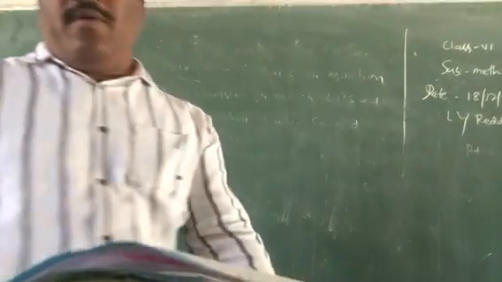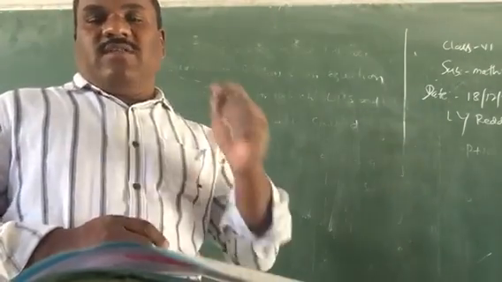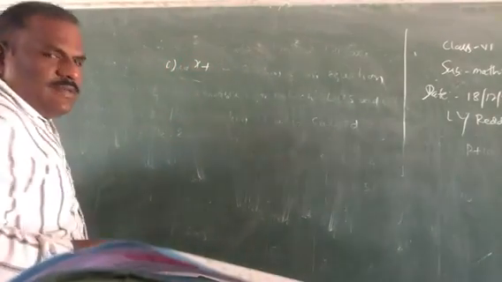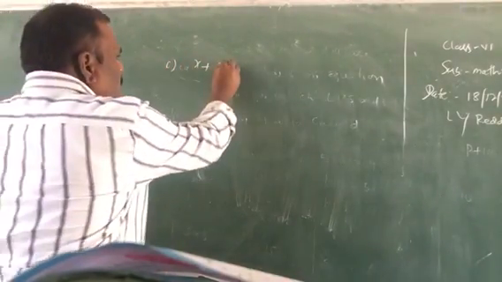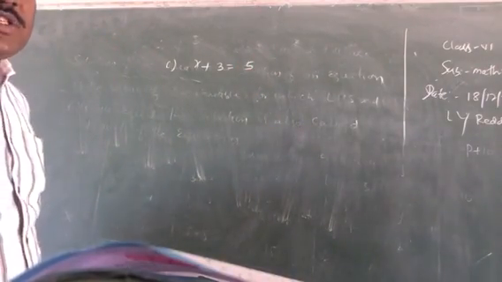Solve the following equation by trial and error method. For example, the first example I am taking is x plus 3 equal to 5. First, substitute values.